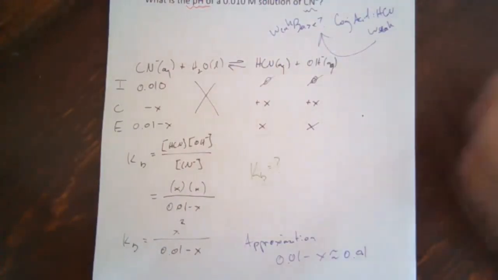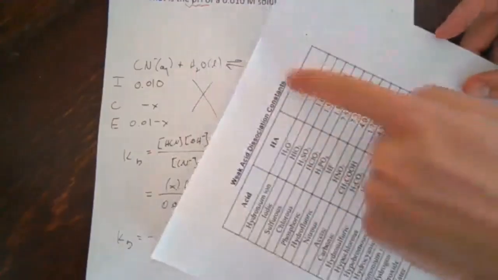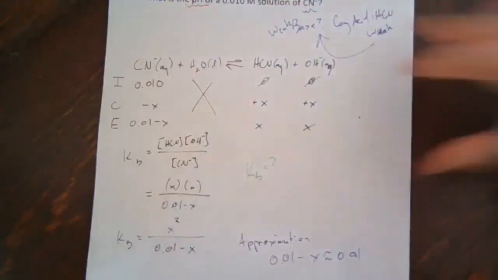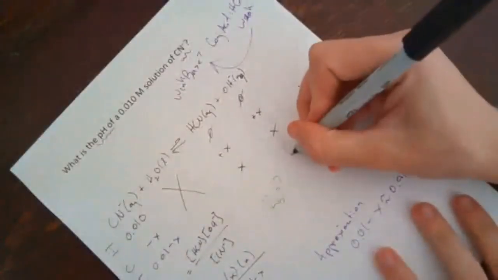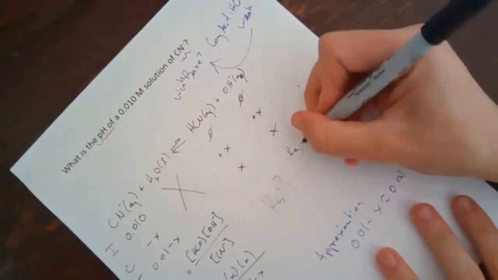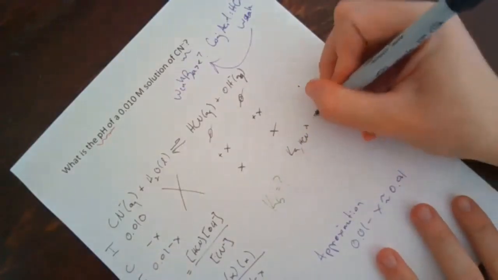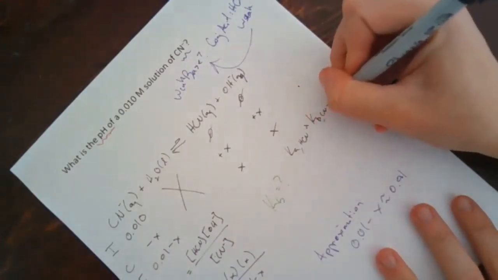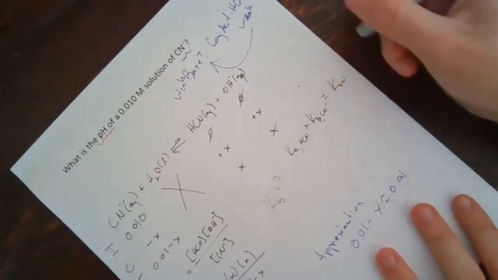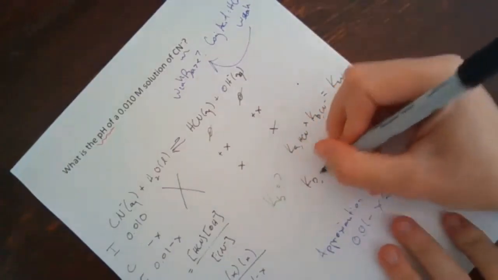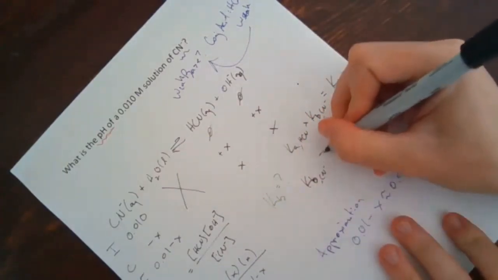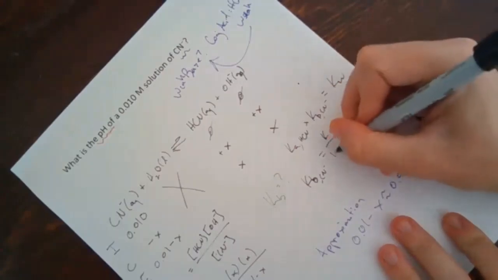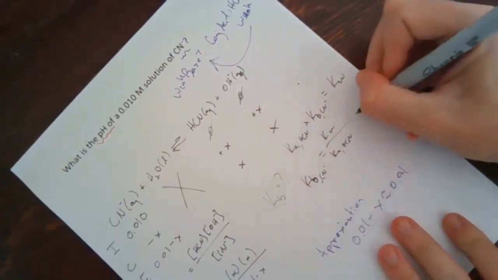And so we know that the tabulated data is always Kas, the acid dissociation constants. To get the base, we can use the fact that for a conjugate pair, Ka of HCN times Kb of CN minus is equal to Kw. So Kb of CN minus is equal to Kw divided by Ka.